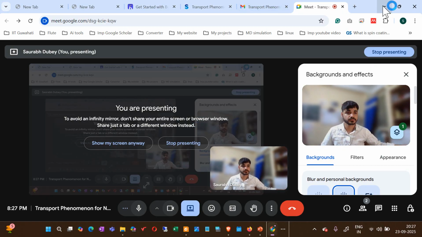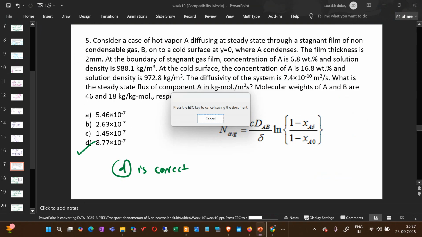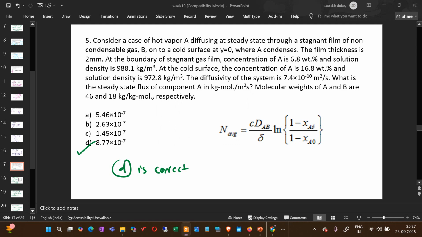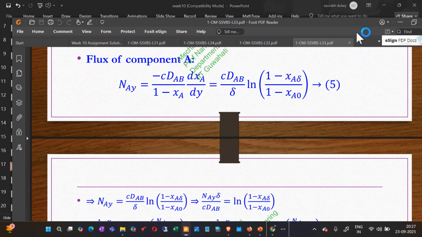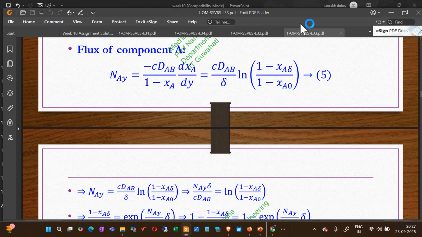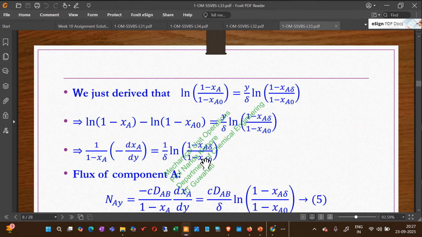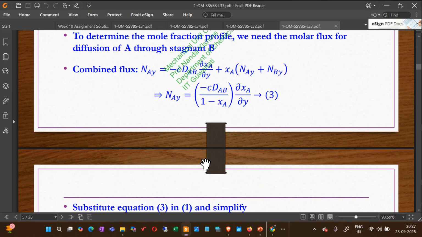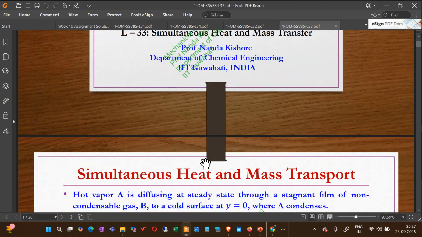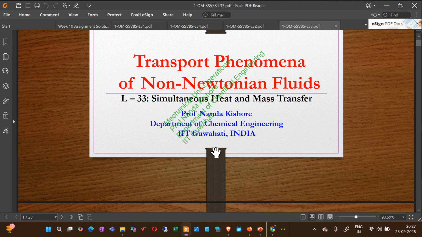Okay, so this is that question. If you see this one, this is lecture 33, simultaneous heat and mass transfer.